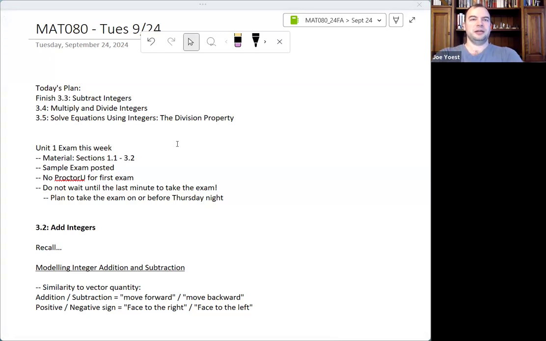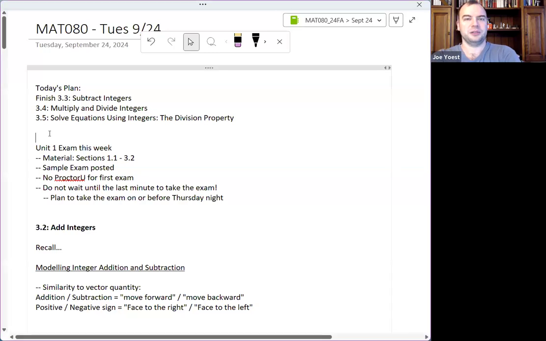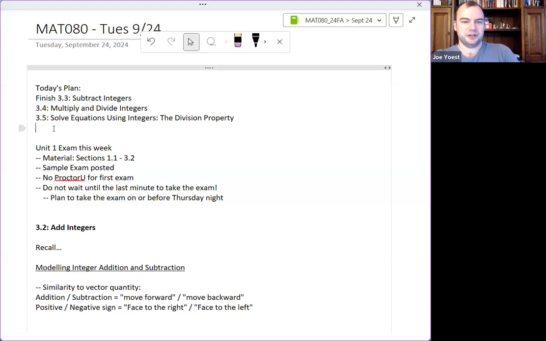It might have been pushed down a little bit, or maybe when the actual exam was posted, it moved the location of the sample exam. But you should be able to still see the sample exam, at least from what it looks like from my end. Again, if you're not able to, please take a picture or a screenshot and shoot me an email, and I can try to figure out what's going on there.